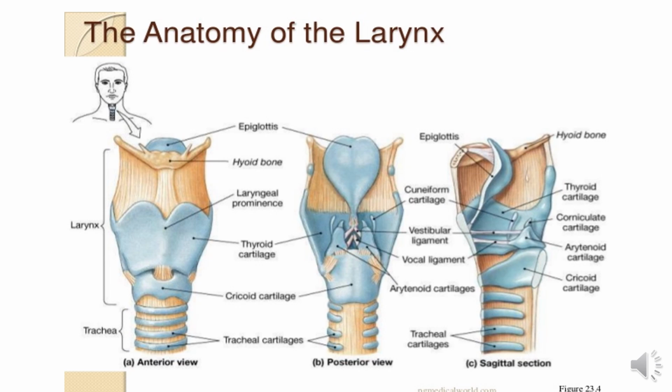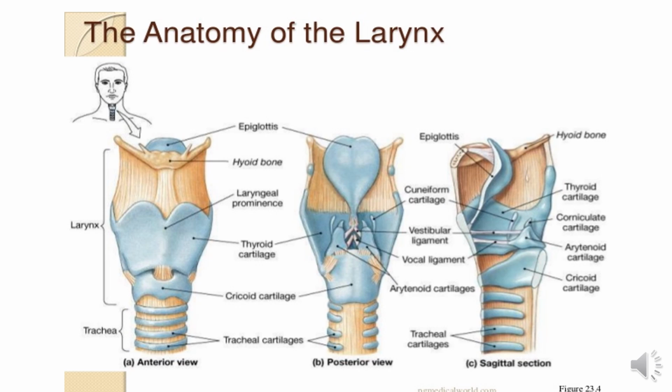From the posterior surface, the epiglottis is connected with the thyroid cartilage anteriorly, and with the hyoid bone by the hyoepiglottic ligament.